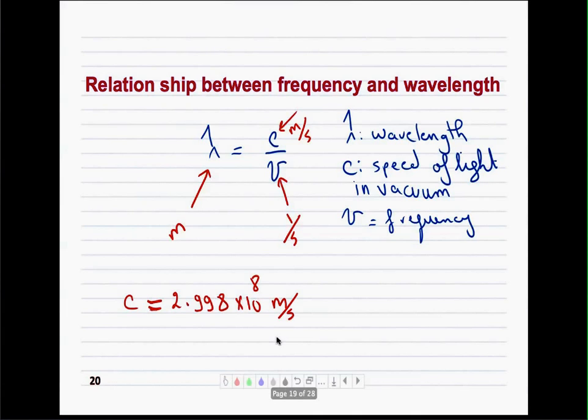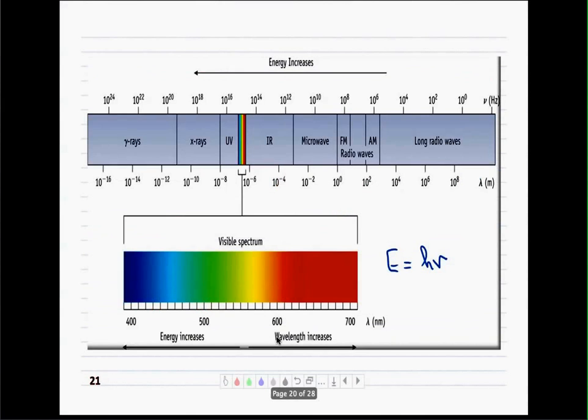Okay? So the gamma radiation, which has the highest frequency, has the shortest wavelength. I want everybody to see that they are inversely proportional here. And the gamma radiation is the most energetic. So the highest energy is for the gamma radiation.